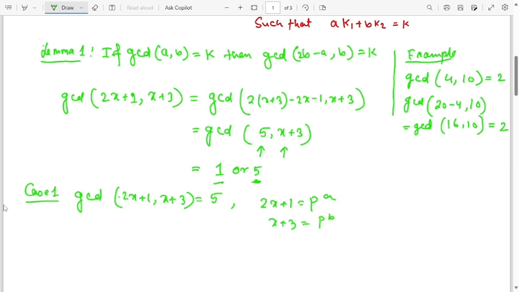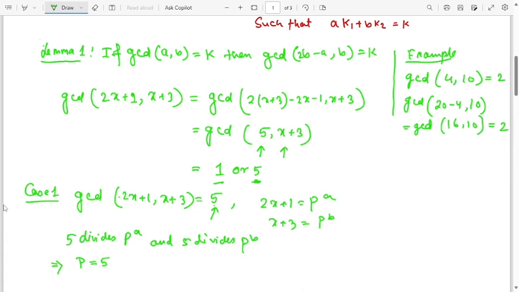So this 5 is the greatest common divisor, and the greatest common divisor is also a common divisor. So 5 divides p to the power a and 5 also divides p to the power b. So from here we can say that p is nothing but 5.